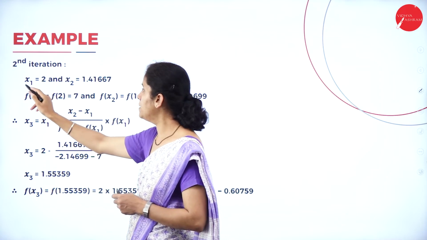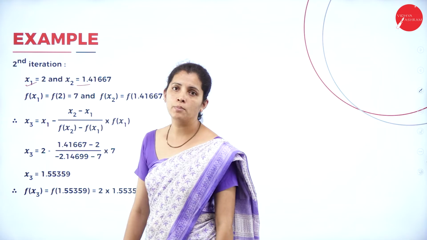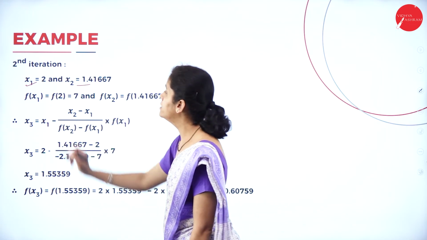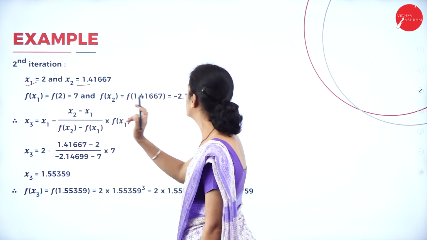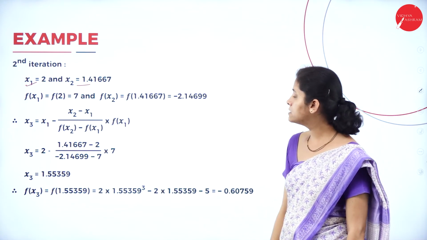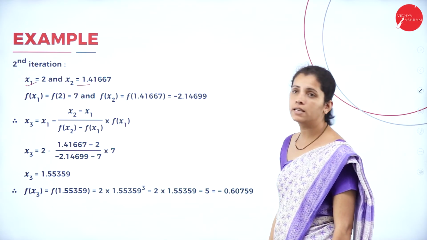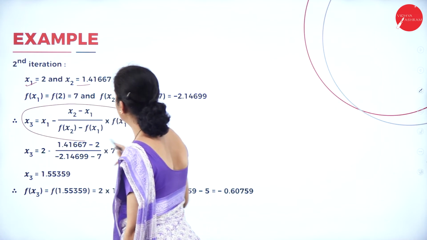I have the formula. x1 is 2 and x2 is 1.41667. And here f of 2 is 7 and f of x2 is minus 2.14699.